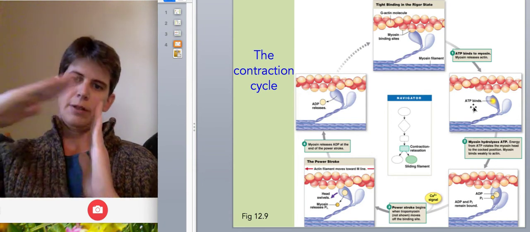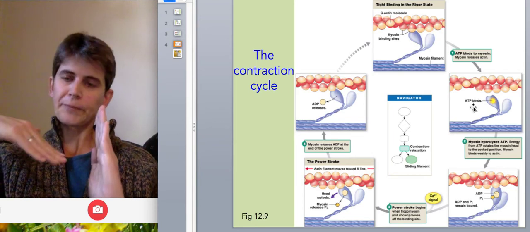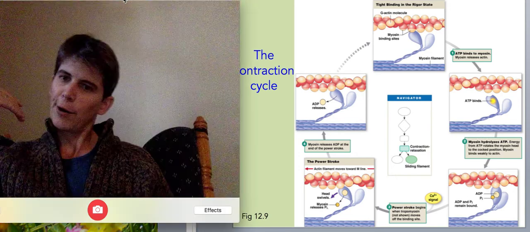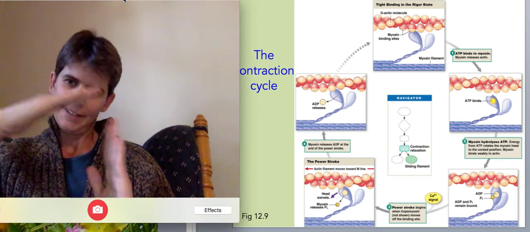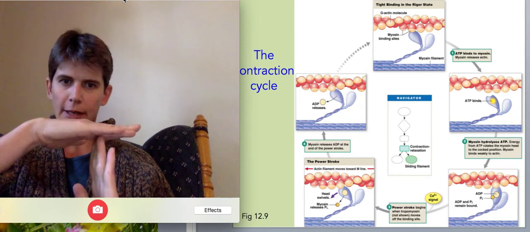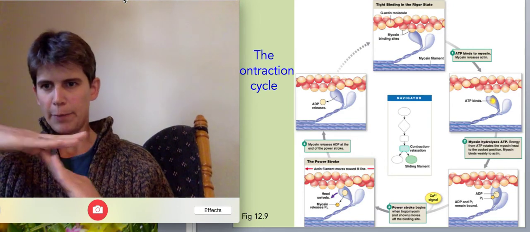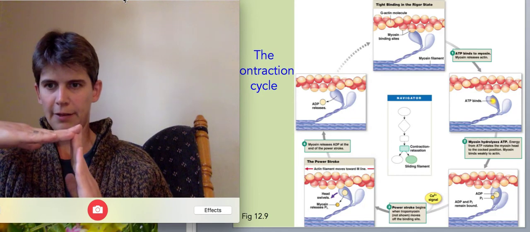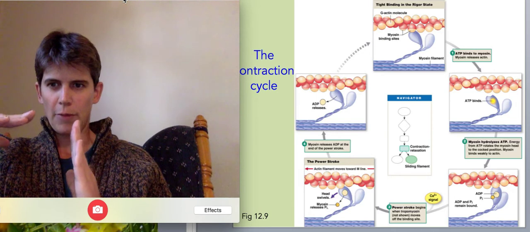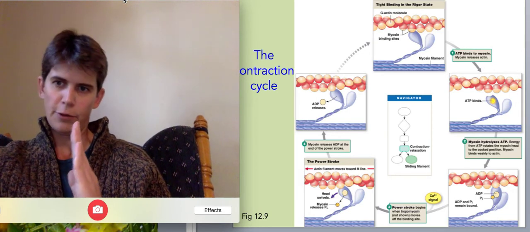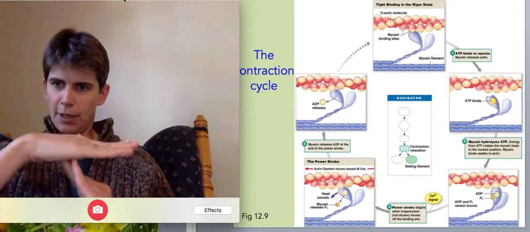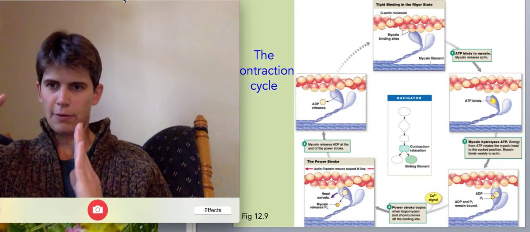So if you imagine that this is the part of the myosin that's attaching to the actin, the sort of head, myosin head. So it binds to the actin, and then you have a power stroke. And then it binds to the actin again, power stroke. So you can see that myosin and actin are moving relative to each other, like I'm moving my hand across the screen.